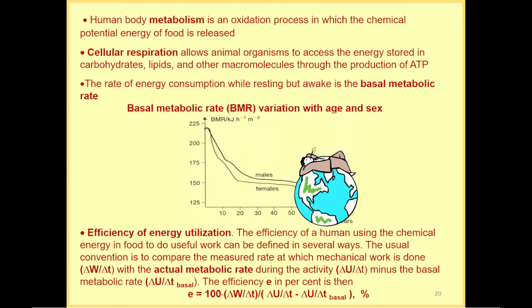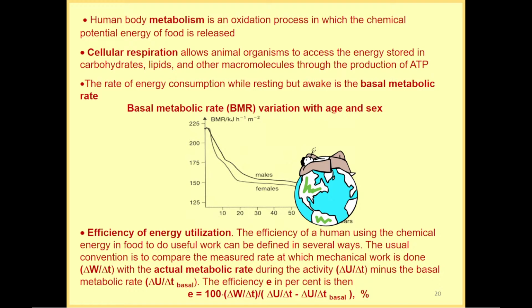The efficiency of energy utilization is quantified as well. The efficiency of a human using the chemical energy in food to do useful work can be defined in several ways.